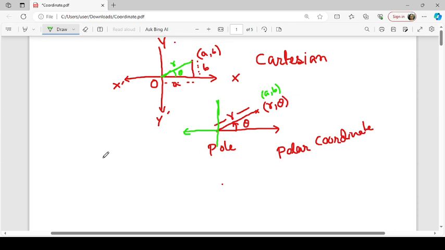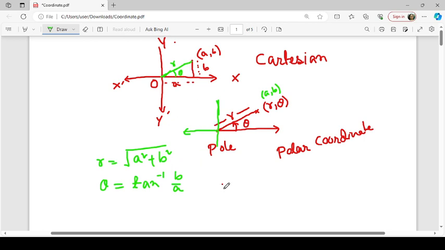So the relation is this: r is equal to root over a square plus b square, and theta is tan inverse of b by a, because tan theta is b by a from this triangle.